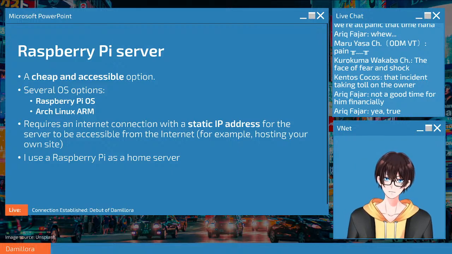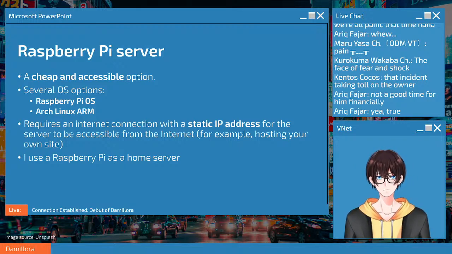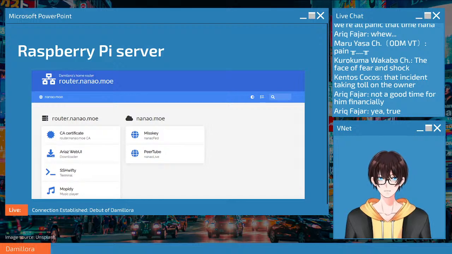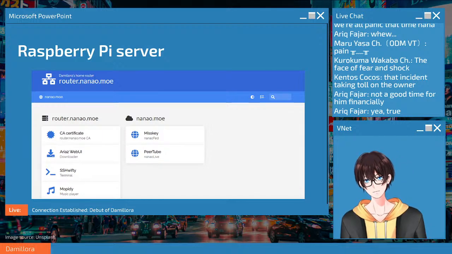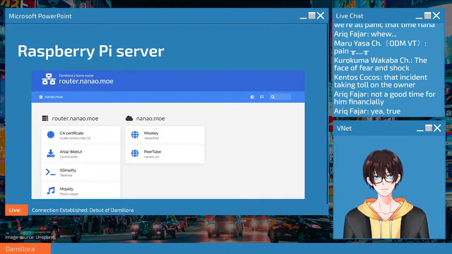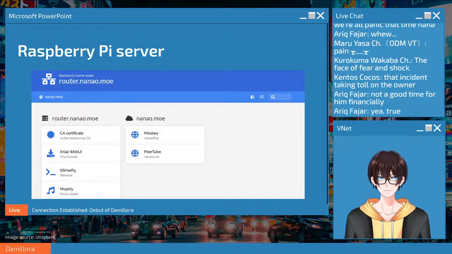And I actually do have a Raspberry Pi that I use as a home server. Hello, these are the services that I use. I would like to directly show you what it looks like on my home server.